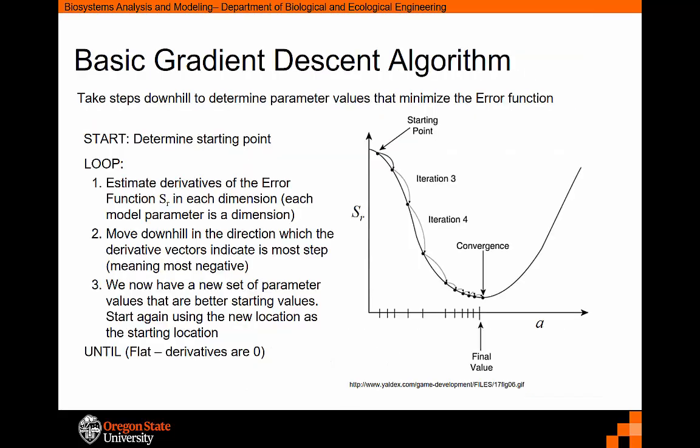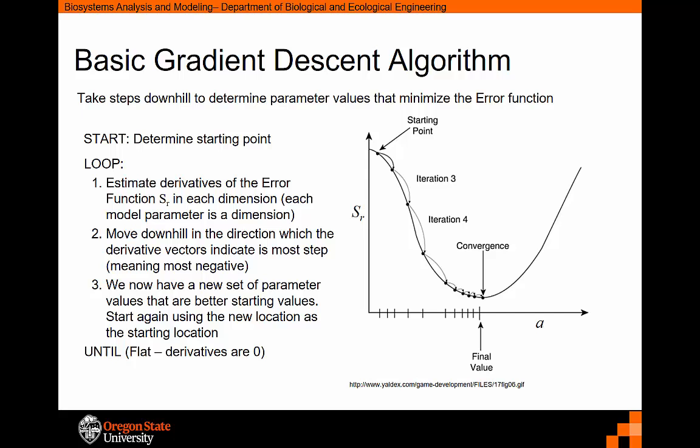Let's look at the case of the model with a single parameter a, and therefore an error function with a single dimension. We would start gradient descent by taking an initial guess for the value of a, as shown on the chart. Next, we calculate derivatives of the error function with respect to the parameters, a single one in this case, to determine which direction is downward on the error surface.